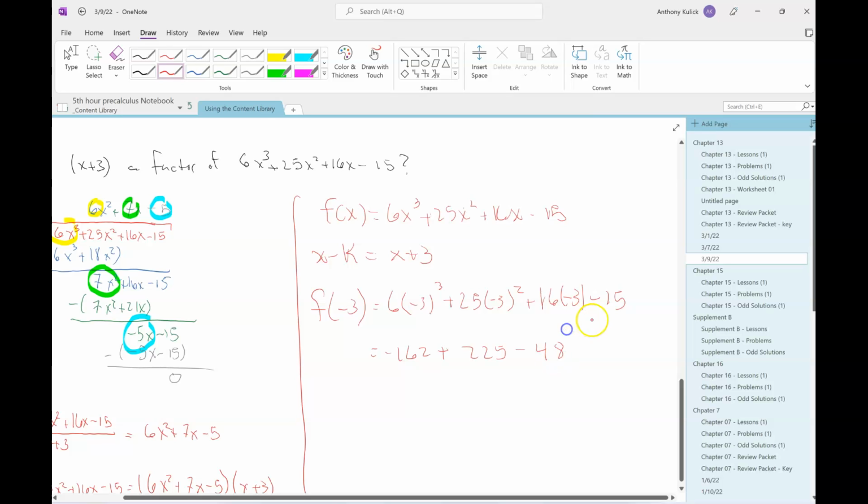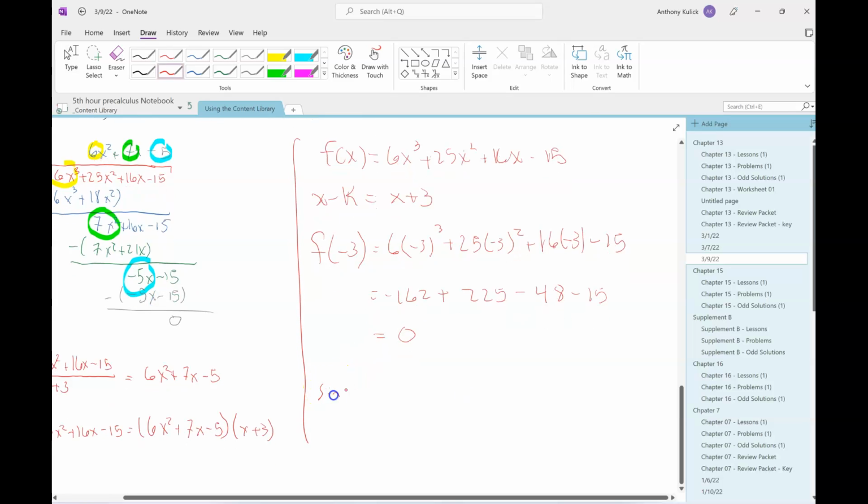Then 16 times negative 3 is negative 48. And then minus 15. So negative 162 and negative 48 is negative 210. And then negative 15 is negative 225. And then plus 225 does indeed give me 0.